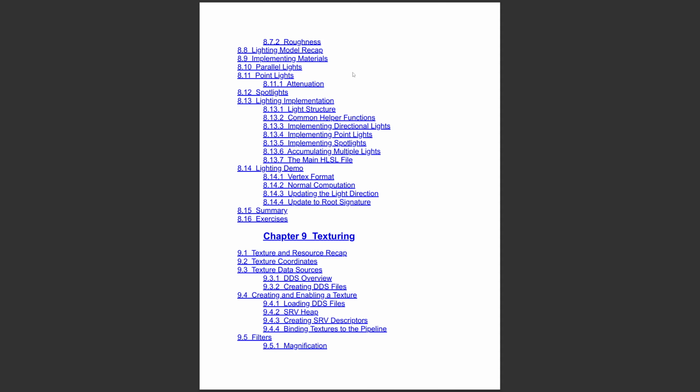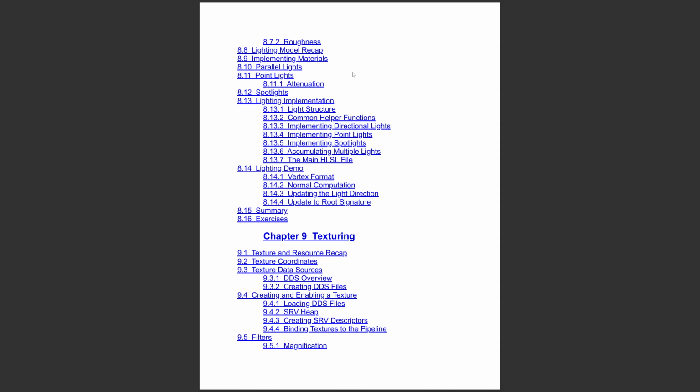And then we'll be creating and enabling a texture, loading DDS files. And then we have the SRV heap, which I think is the shader resource view heap. And then we'll be creating the shader resource view descriptors, as well as binding textures to the pipeline that we'll be using at that moment.